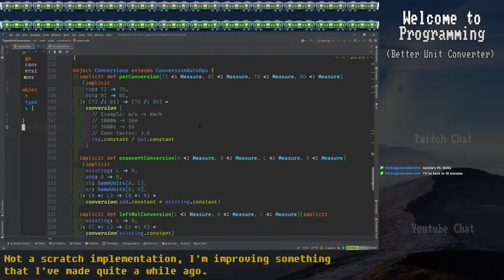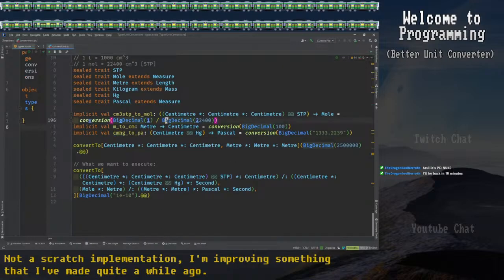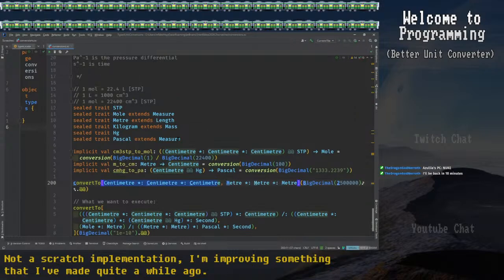So you get your big decimals, you tag the big decimals with a unit, and then use the type level information carried in the generic types to determine the conversion that needs to be made.